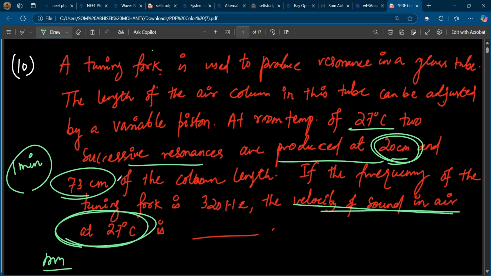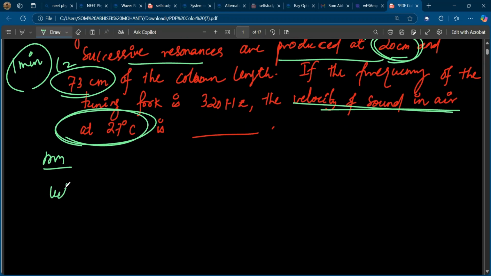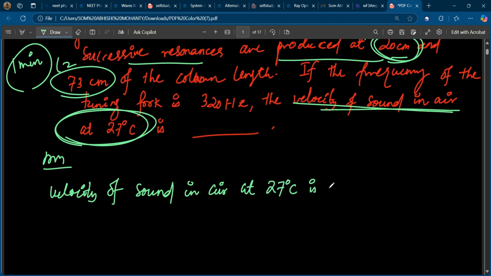So L1 is 20 centimeter, L2 is 73 centimeter. Easy question: velocity of sound in air at 27 degrees Celsius is how much?